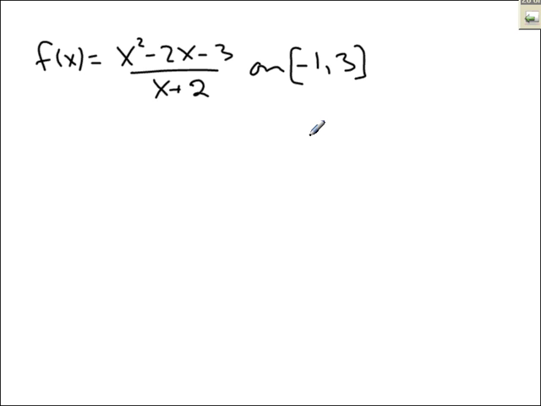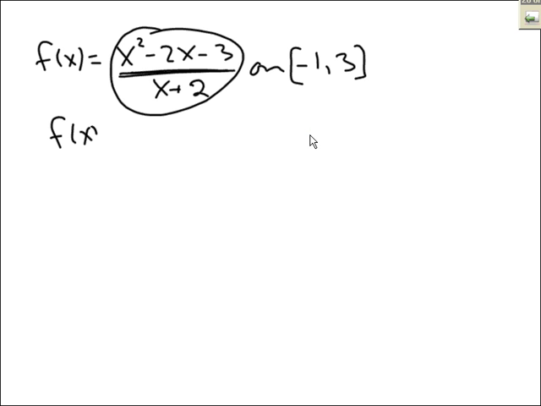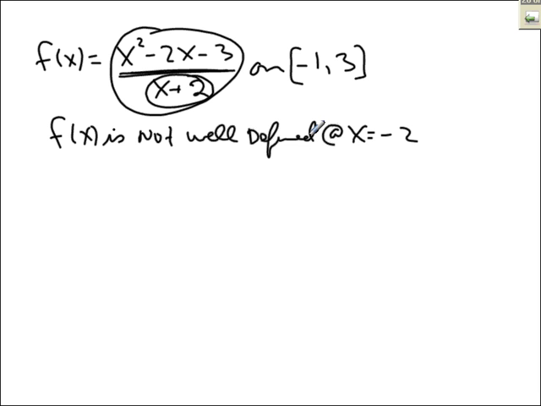A fraction, a rational function, that means that it's a division. A rational function is discontinuous where it's not defined. f of x is not well defined at x equals -2. This makes the bottom 0.